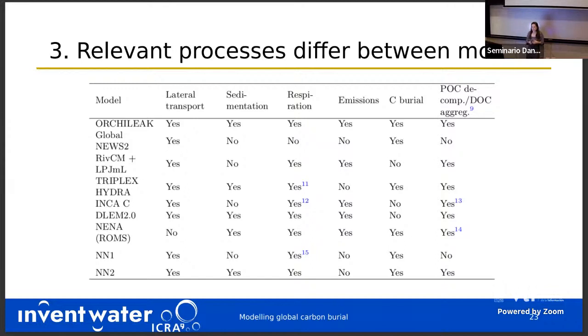So here we have the same 9 studies that I mentioned before, and we made a little table in order to be able to compare them. We name the different processes and check if they consider them somehow in the model.